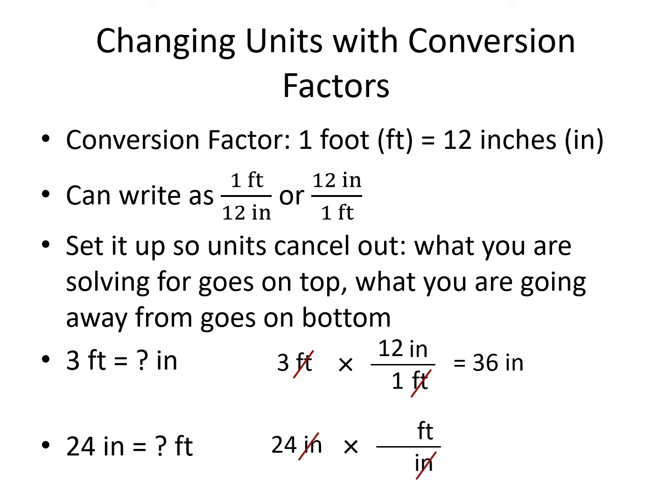I fill in my numbers from my equality, 1 next to foot and 12 next to inches. By making sure my units cancel out properly, and by filling in my numbers from my equality properly, I know that I need to divide by 12. 24 divided by 12 gives me 2 feet.